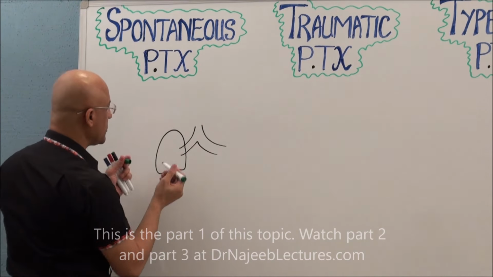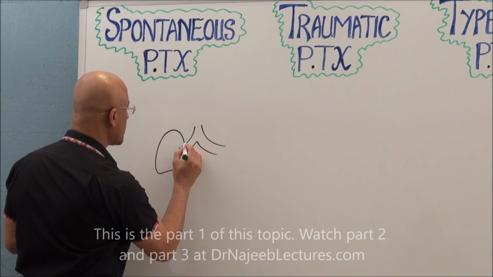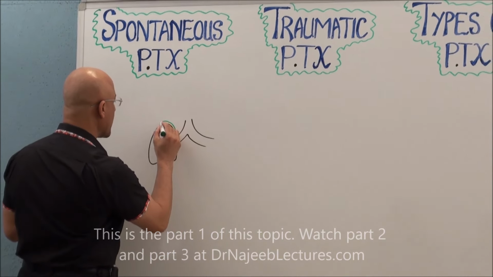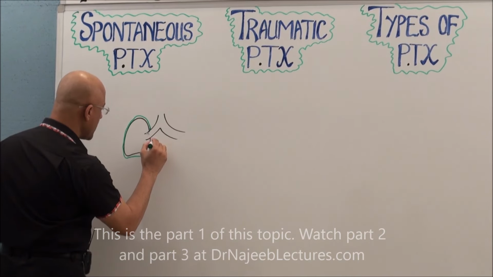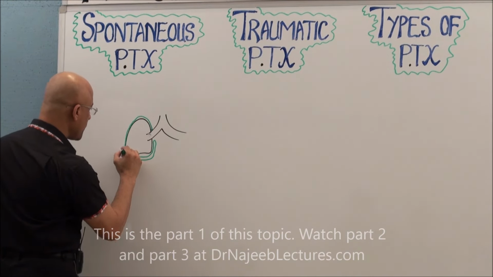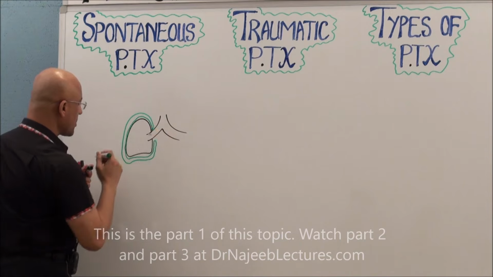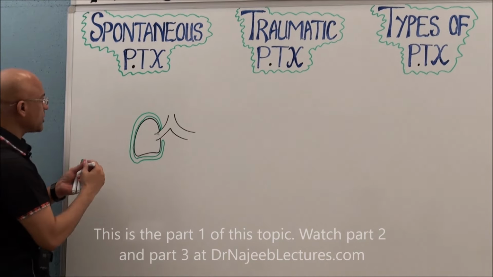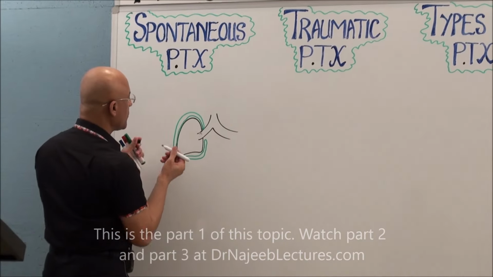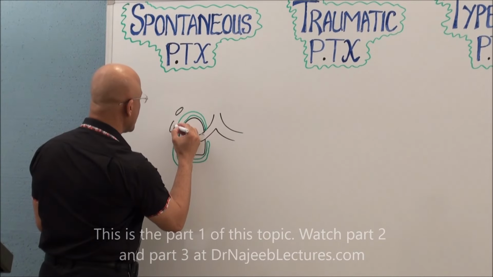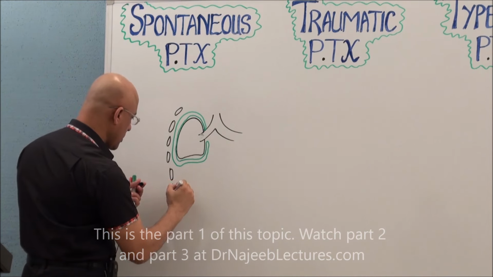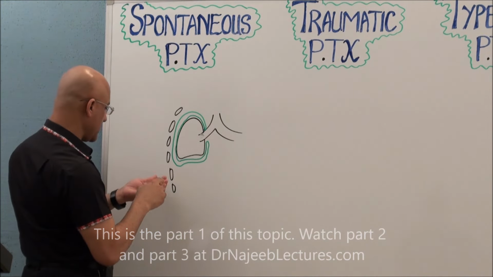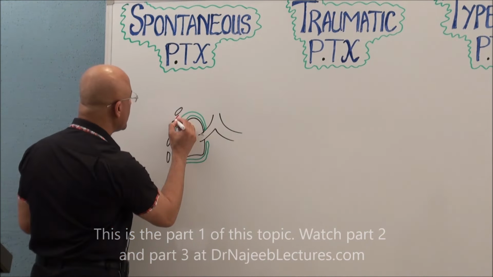Here is your pleura, which is basically a double layer. And outside, what should be there? Yes, chest wall. And here are your intercostal muscles, right?